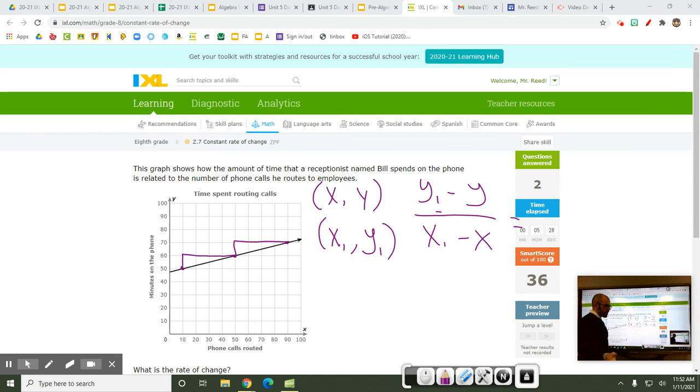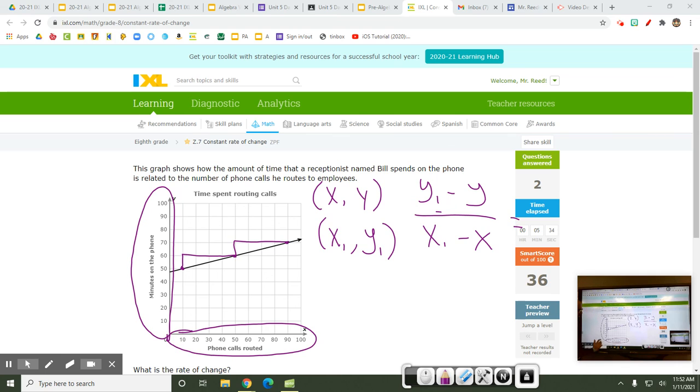In this particular problem, I'm not going to do it, but pay attention to how they number these. Some of you are going to count, oh, up 1, over this many. No, no, no. You go up 10, over 40, because they count by 10. So pay attention to that. You can visually do rise and run, or you can just pick 2 points, subtract them, and find your change in y over your change in x.